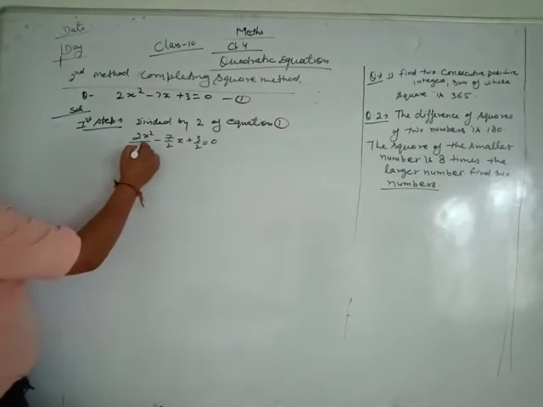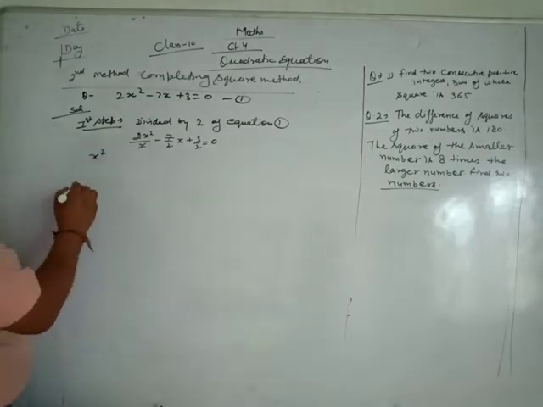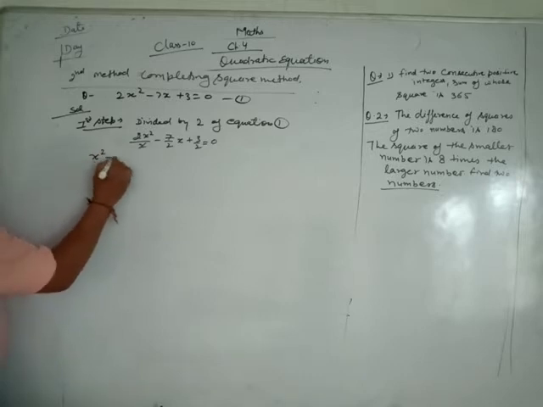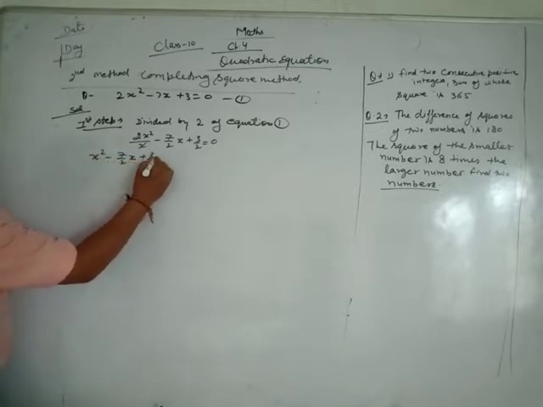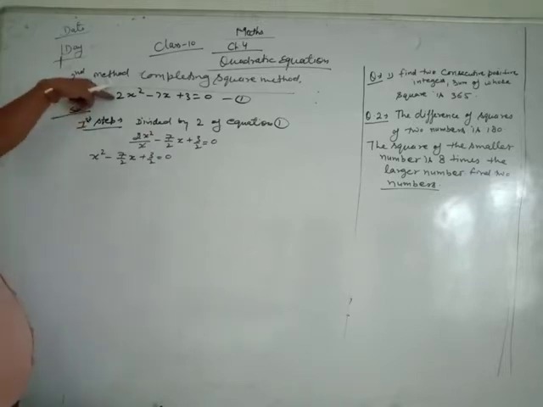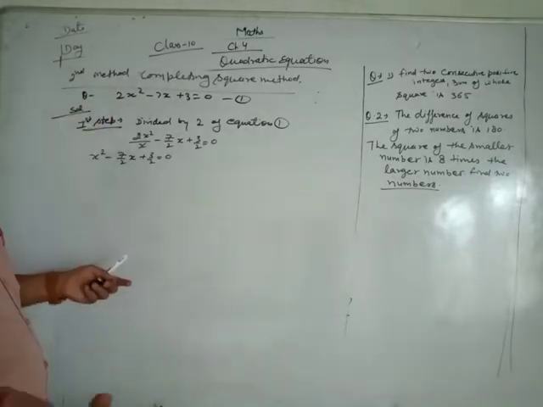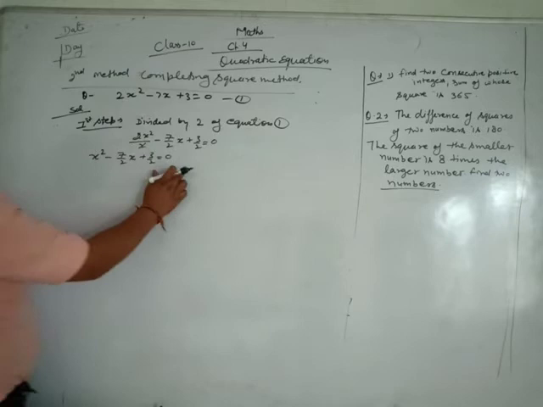The 2s cancel, then we get x square minus 7 by 2x plus 3 by 2 equal to 0. It is our first step: we eliminate the coefficient of x square. Here, if we had 3 or 4, then we would divide by 3 or 4, and so on.